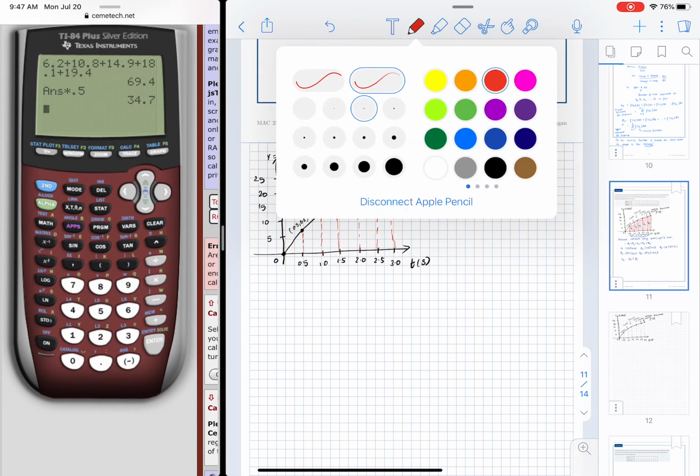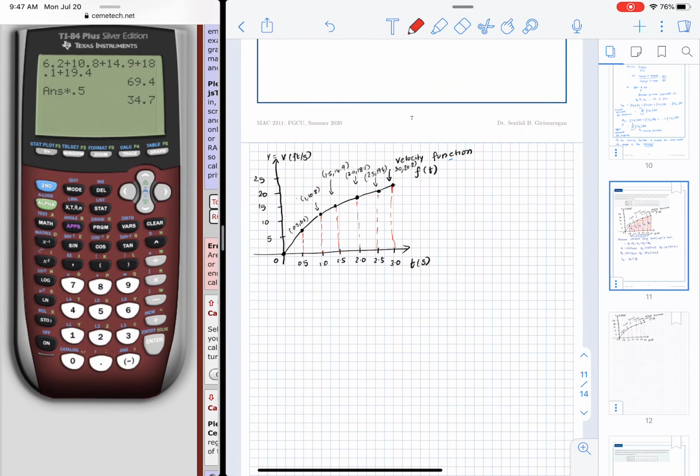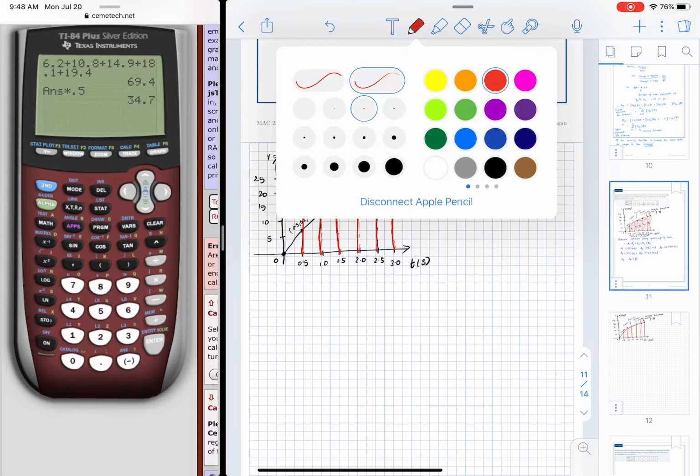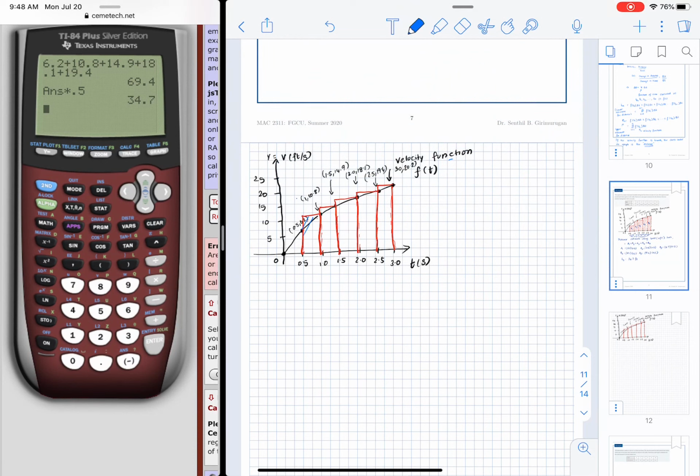So let's sketch out the rectangles. From there, going to go that way, down, that way, down, that way, down, that way, down, that way, down. Seems like we are going to have an overestimate this time.